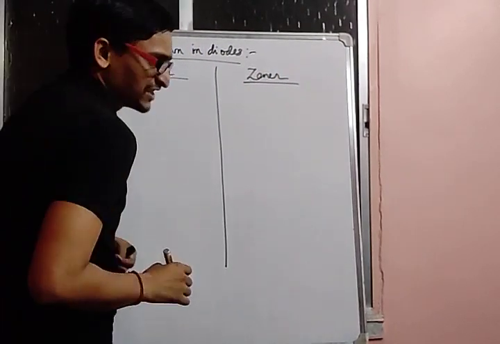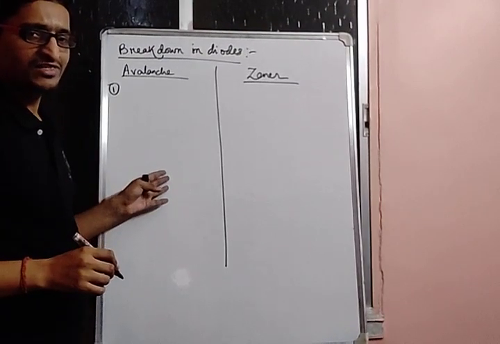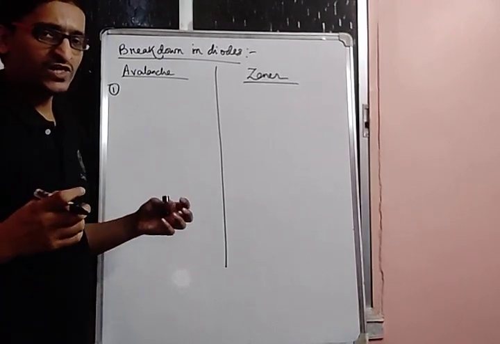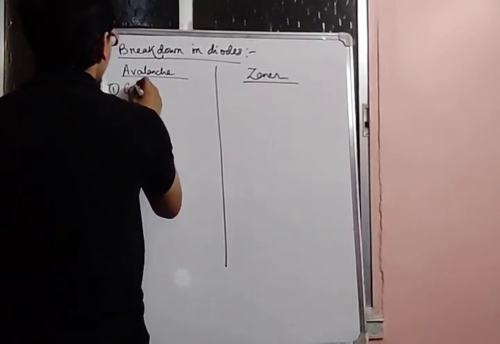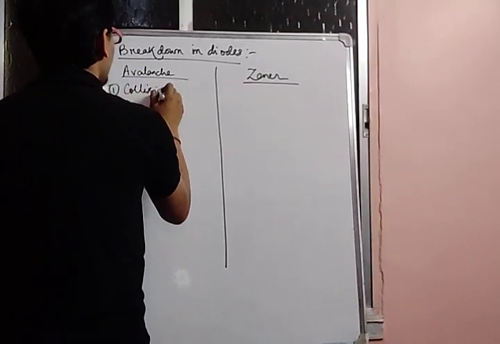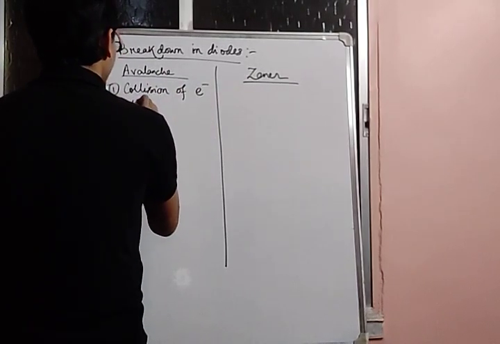The first difference: what is the main reason for the occurrence of avalanche breakdown? It is the collision of electrons with the ions. So avalanche breakdown takes place due to the collision of electrons with the ions.